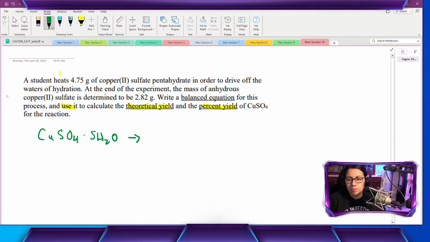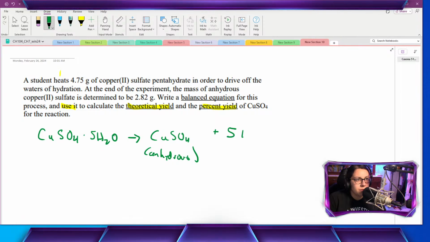And then in our balanced equation, the product is the anhydrous copper sulfate, and anhydrous just means no water, plus our 5 equivalents of H2O. And so we had to set up this equation, and then from there, we should treat it like one of our normal stoichiometry problems.